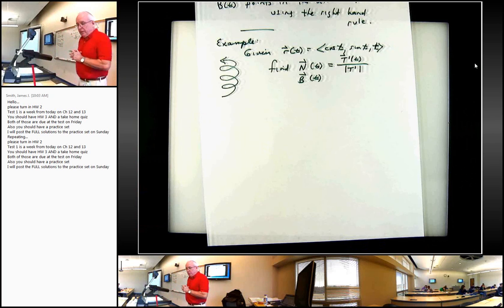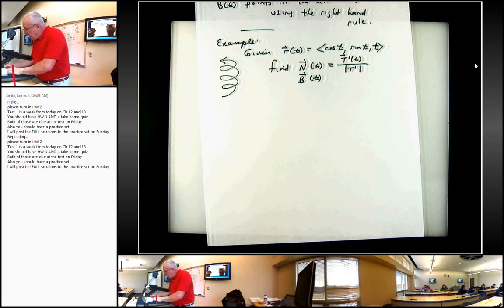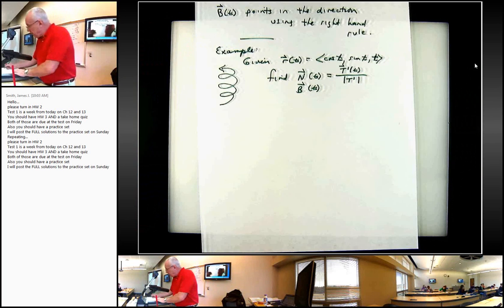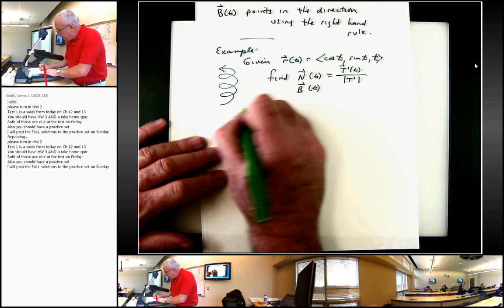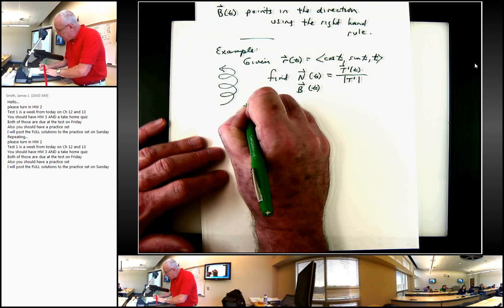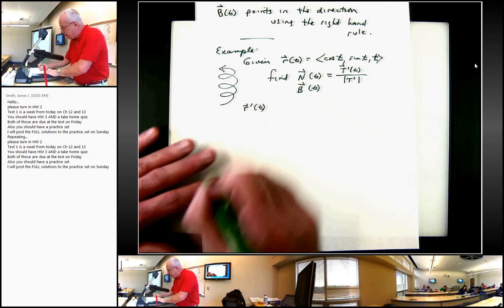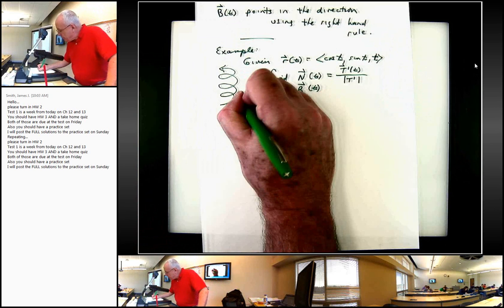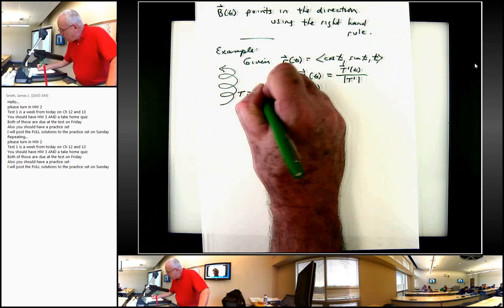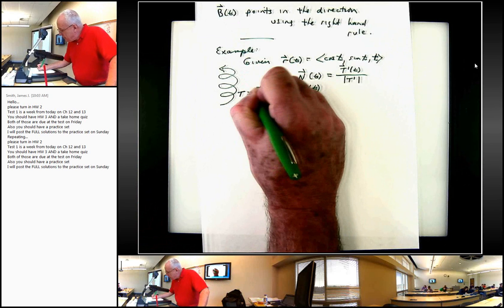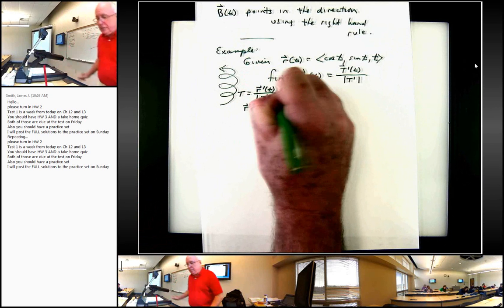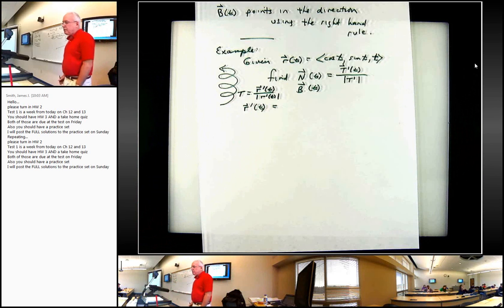So let's see what we get here. To find T, first of all, let's find r prime of t. Because remember, T, the unit vector, is r prime of t divided by the magnitude of r prime of t. So we need to get this first.